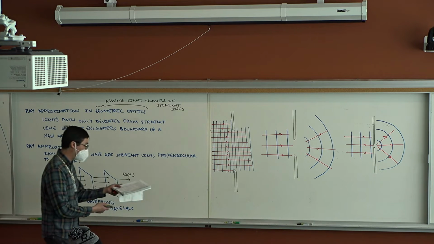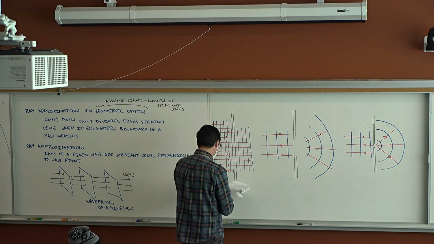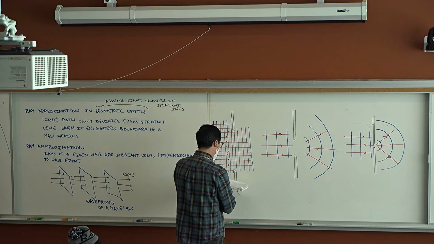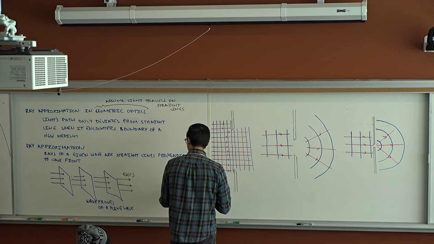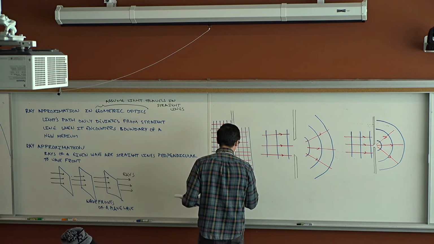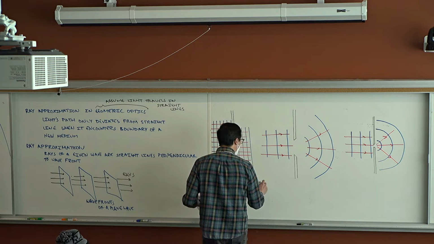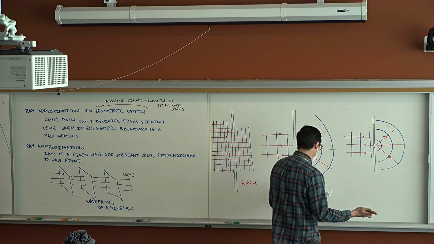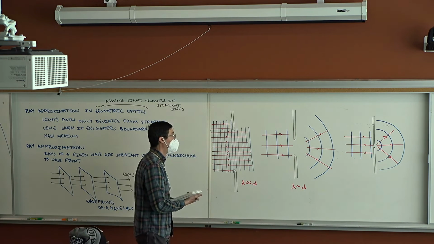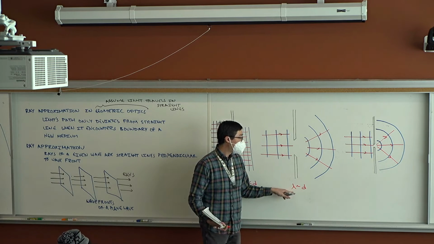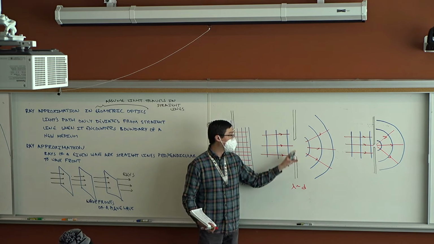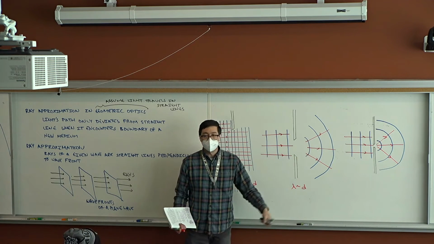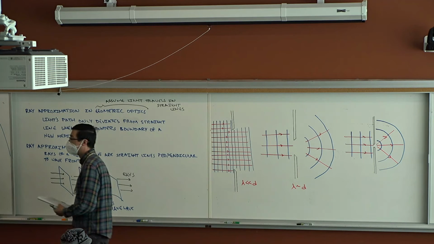So here, lambda is small compared to, how do I want to write this? When you can make a fair comparison between the wavelength and the slit spacing, you start to see noticeable diffraction.